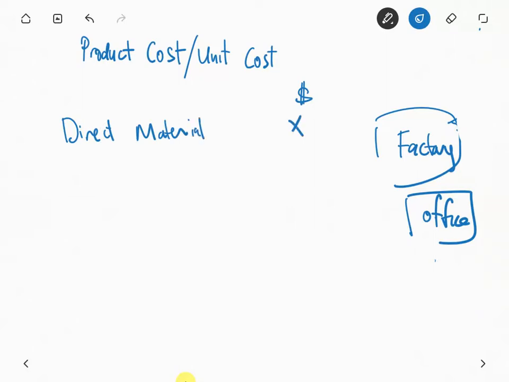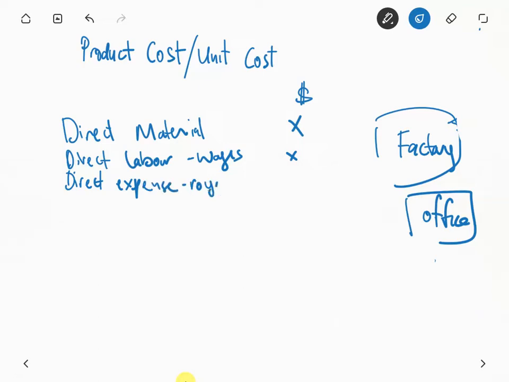What else? Direct labor, the wages that you pay. Any more? Direct expenses. Okay, an example of direct expenses will be royalty. It can also be hiring of machine.